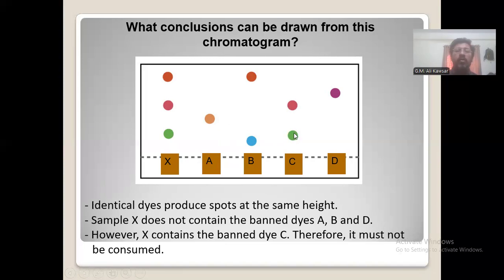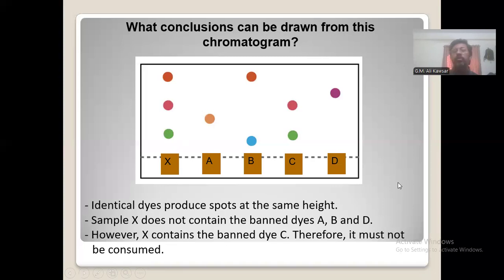How do we understand? You can look at C, which gives two spots, and the two spots of X contain both the two spots of C. That means it contains the banned dye C. So we should not consume that specific food because it contains banned dyes like C. If these two spots, the green type spot and the light purple type spot, are not available in X, then the food can be consumed.